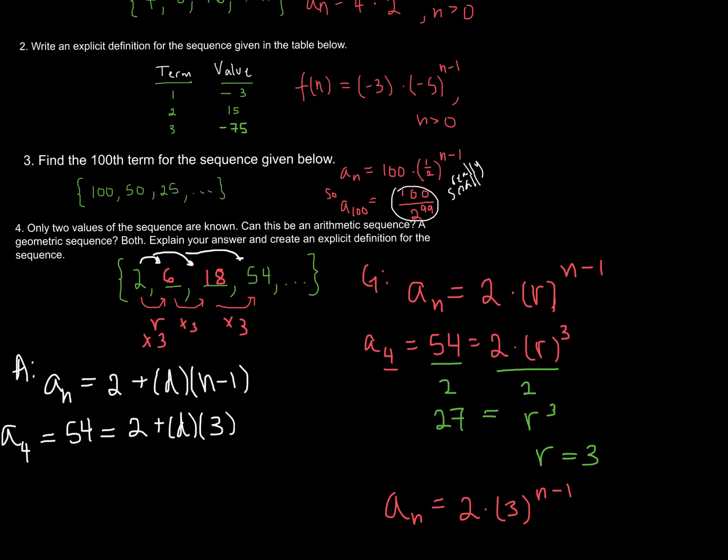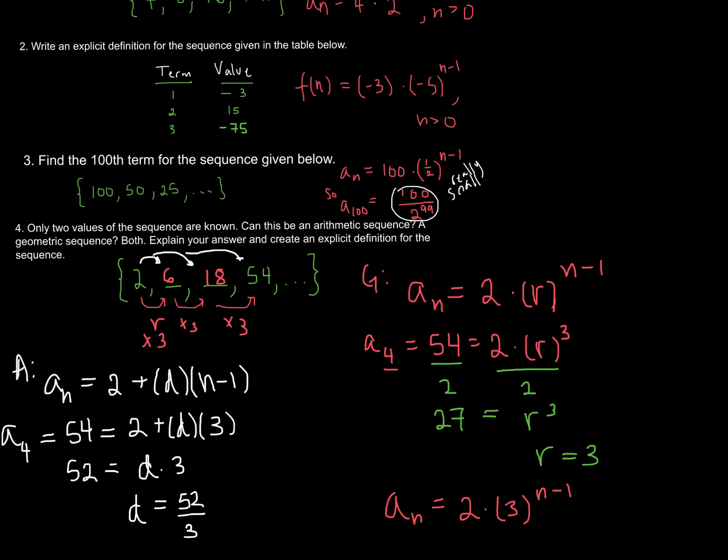I know the initial value, I know this fourth term, I'm just looking for the difference or the common ratio. And so here I can solve for the difference. First I subtract 2 on both sides, so I'm going to have 52 is equal to d times 3. And then I divide by 3 on both sides, and I'm going to find that the difference needs to be 52 divided by 3.